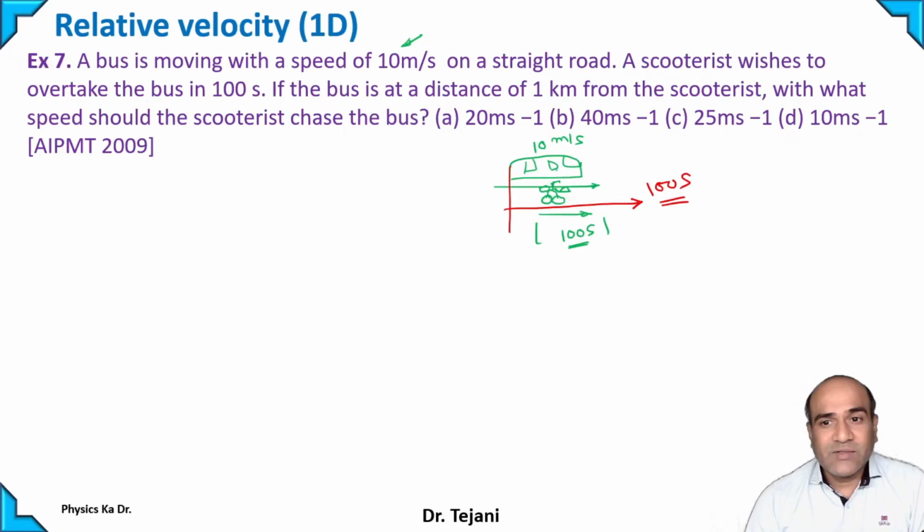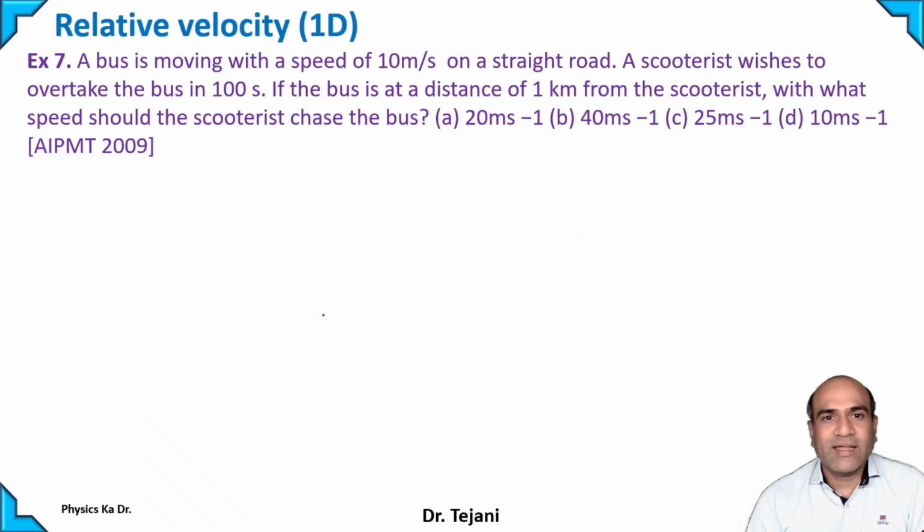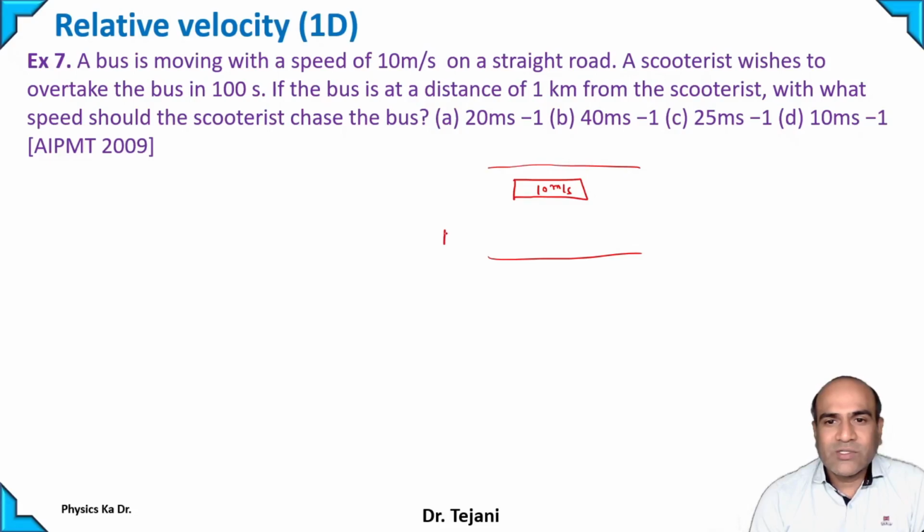It is very interesting. So if the bus is at a distance of 1 kilometer from the scooterist, let us redraw this frame. So this is a bus which is moving on a road, running at 10 meter per second, and here there is a scooterist having some velocity we don't know.